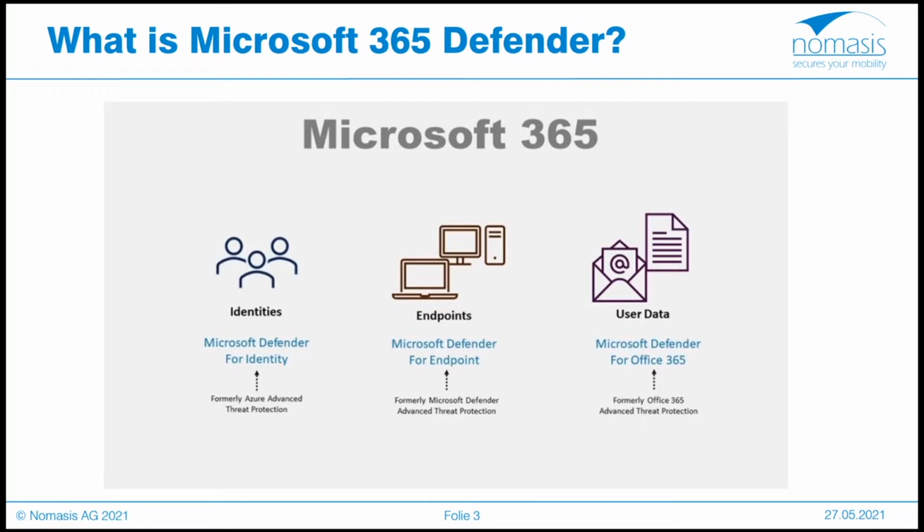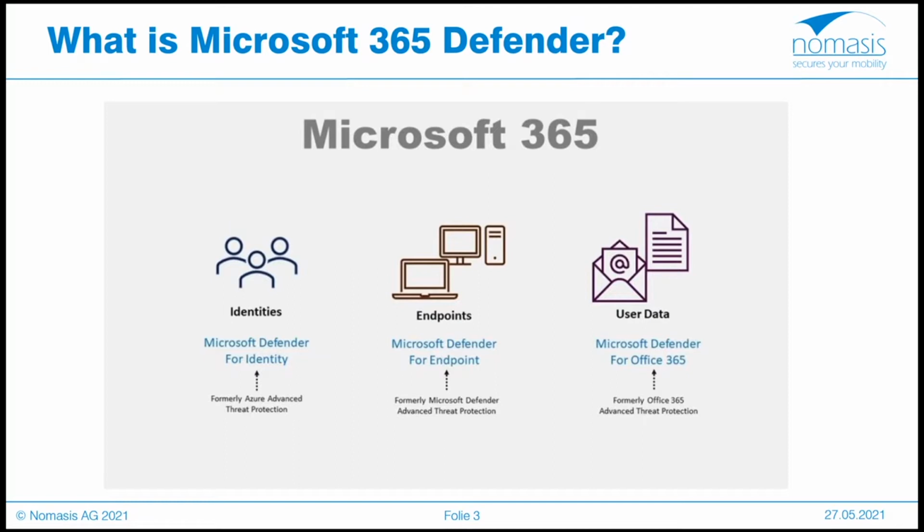The formerly known Microsoft Defender Advanced Threat Protection was renamed to Microsoft Defender for Endpoint. As the name suggests, it is used to detect and handle attacks on your endpoint devices, regardless of the operating system or the manufacturer. And finally, the Office 365 Threat Protection has become Microsoft Defender for Office 365.